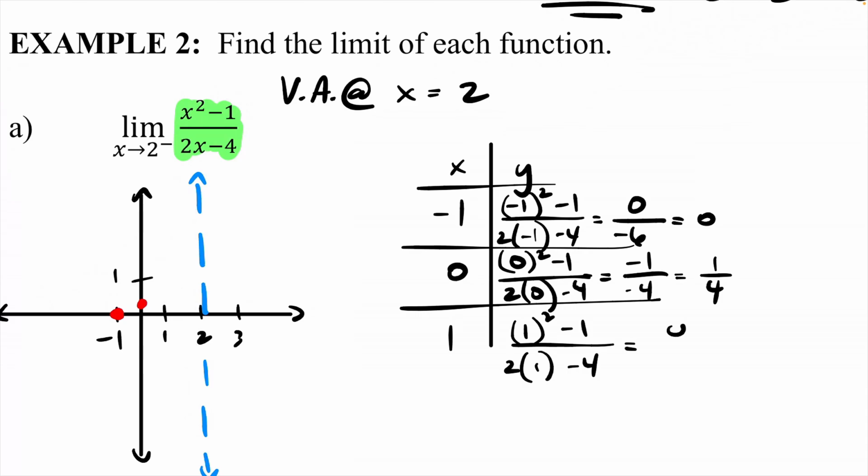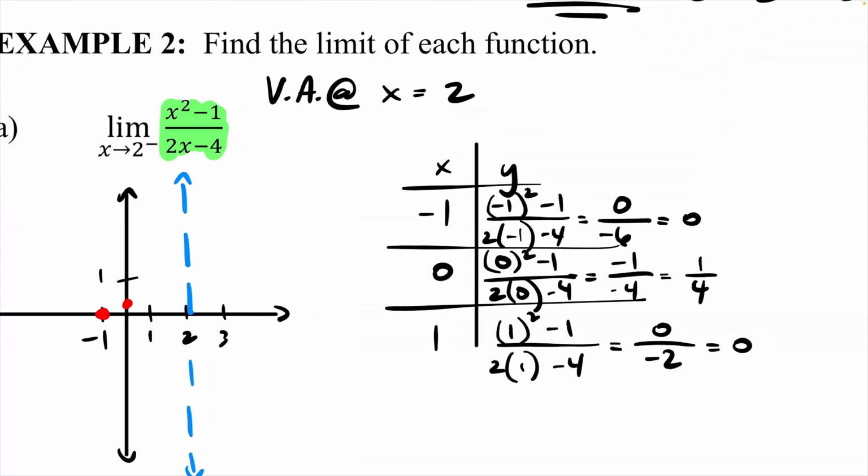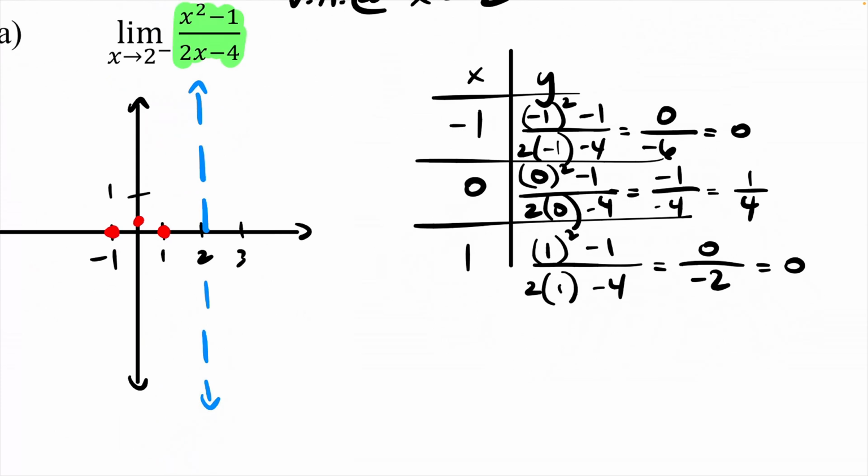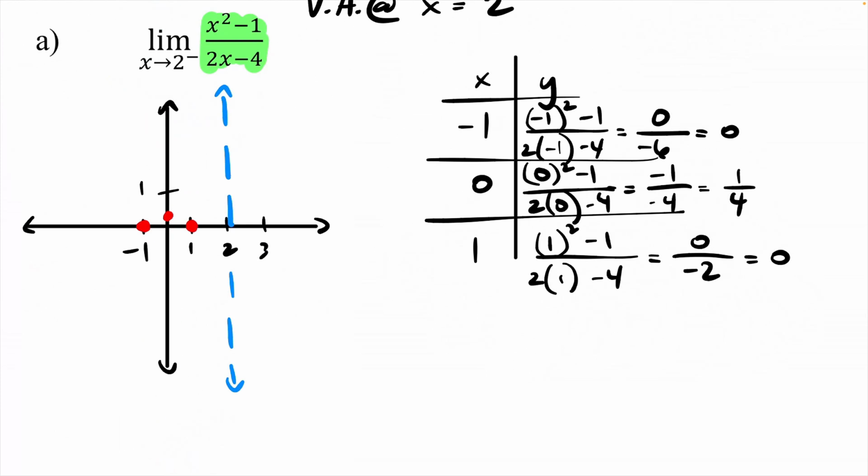So I get 0 over -2, right? Which is just 0. So it went down. Wait, let me double check my stuff here. Yeah. Okay.